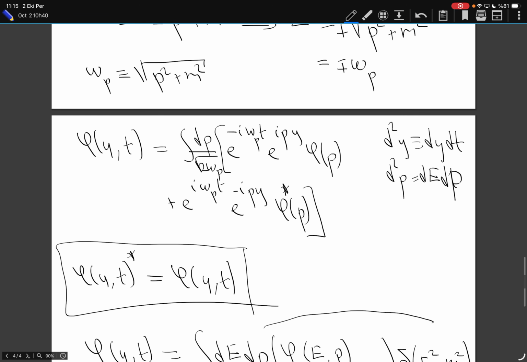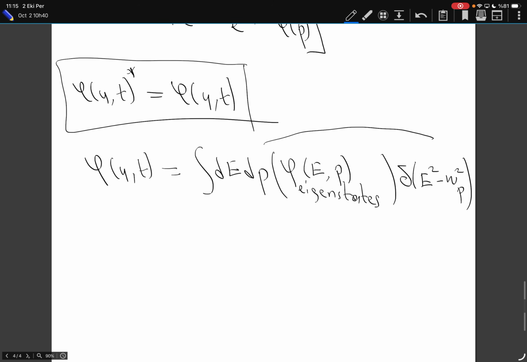Now, why did I include this square root of 2 omega p over here? Why did I write the squares rather than, I don't know, E minus omega p? Well, first of all, this won't give me all the energy eigenstates. I should also add the ones with E plus omega p. I could have also used this one, but the only thing that will change is the normalization of my states.